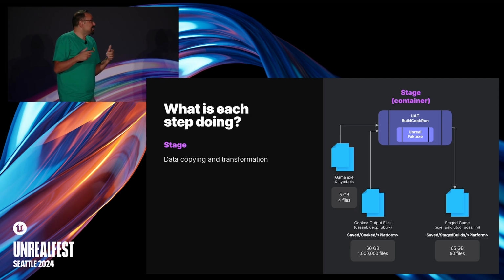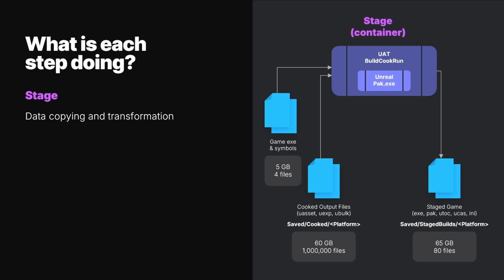From there, we've got the stage phase, and the stage phase takes in the game executables, which are comparatively smaller and fewer, let's say 5 gigabytes in 4 files. And it takes in all of the cooked output files produced from the first stage, cook. So it has to read all of that back in, and then it has to write out the staged game.